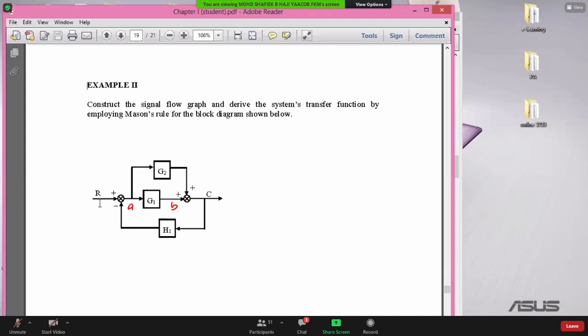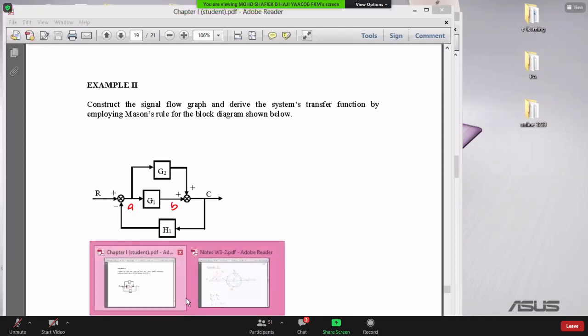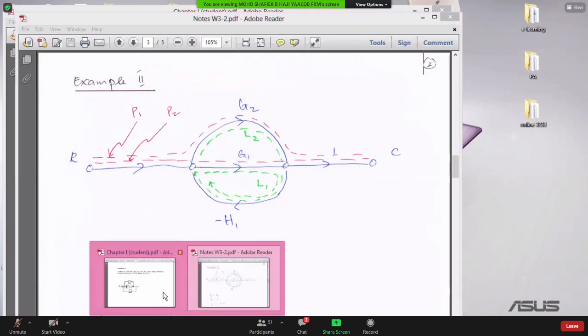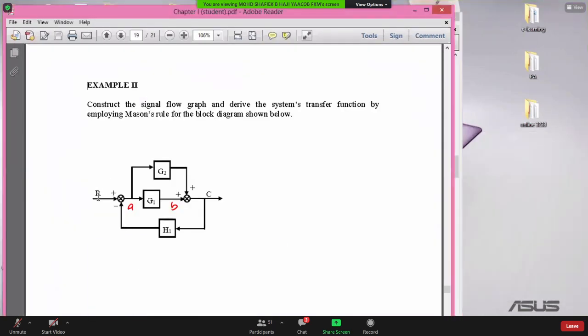You have one variable there: R, A, B, and C. Those are the variables. That node represents A, that node represents B. So you have four variables going forward, R, A, B, and C.